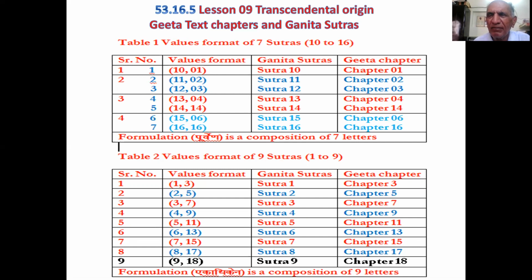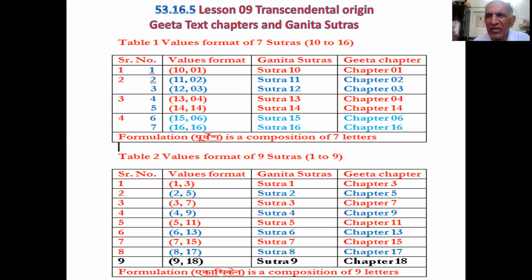One may be blissfully recapitulating that the first Ganita Sutra, Eka Adhikain Purvain, is a complete scripture of pair formulation: Ekadhikain of 9 letters composition and Purvain of 7 letters composition.